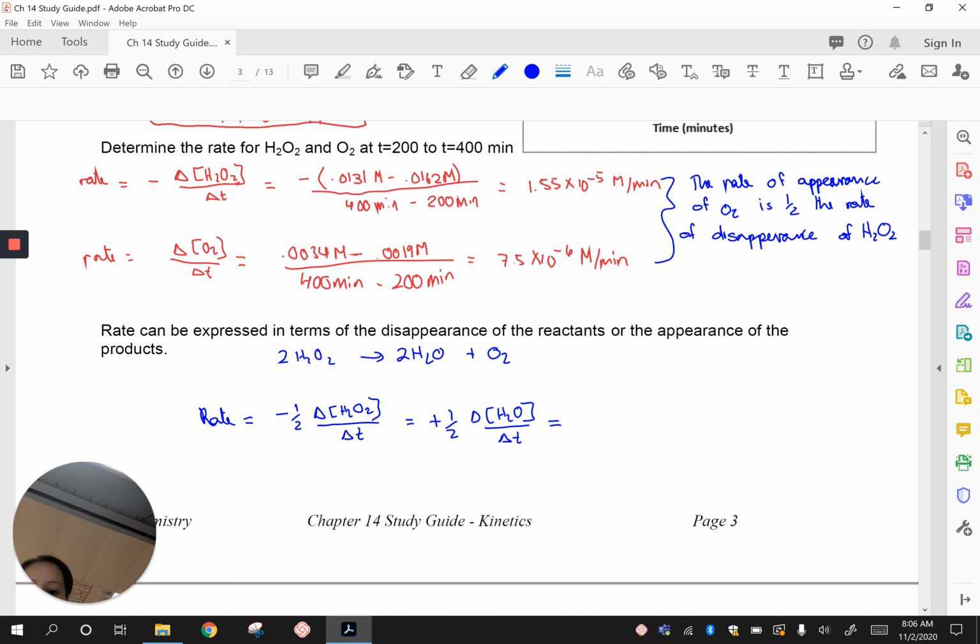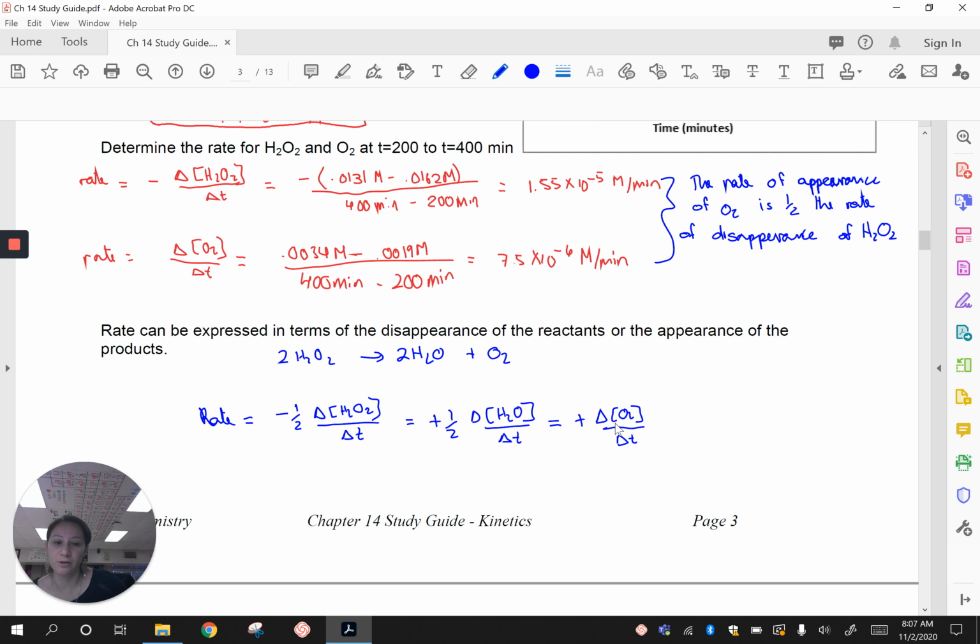That is also equal to, this is a product, so we use positive, and we do 1 over the coefficient. 1 over 1 is just 1. The change in the concentration of O2 over delta T. Now, we only do that where it's 1 over the coefficient if we're relating one substance to the other.